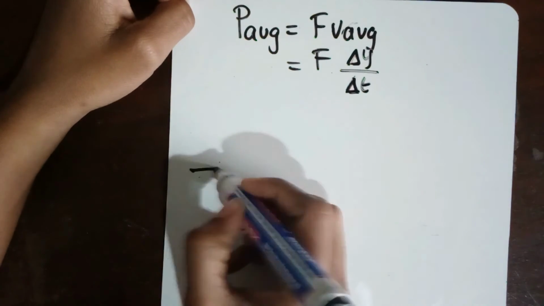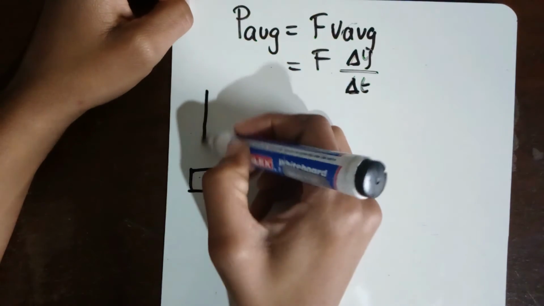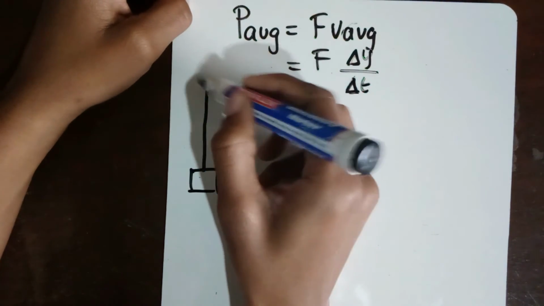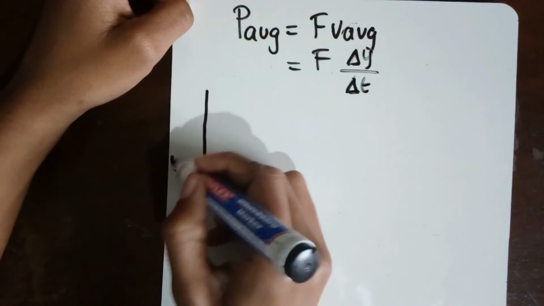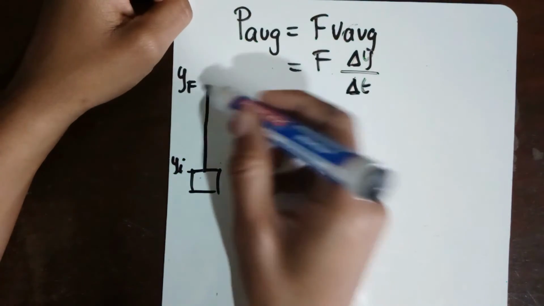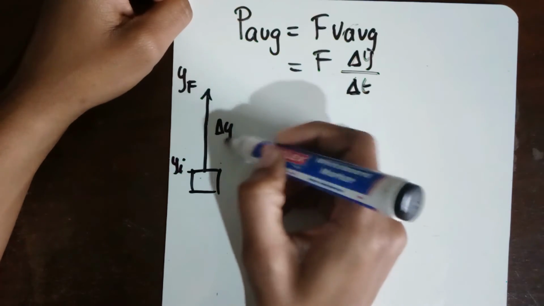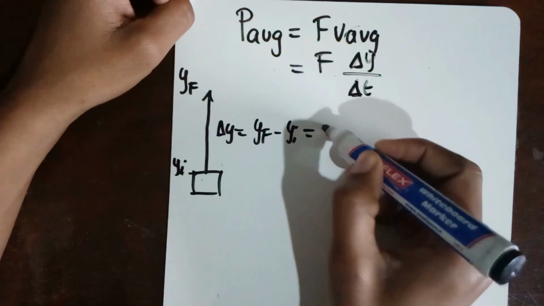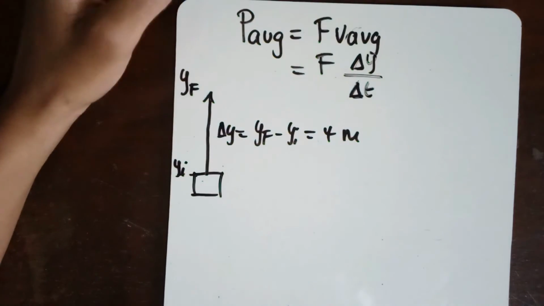We had a block that was lifted with a rope, right? And it's going in that direction. So it's moving from yi, from this position, to yf, and then that change in y is given by yf minus yi, and they said it's approximately 4 meters, correct?